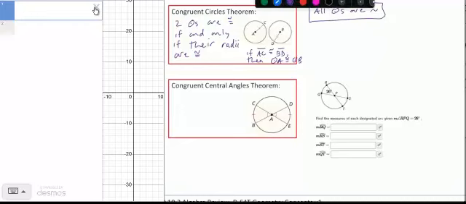Okay, and then the final relationship here, the congruent central angles theorem, says that in the same or congruent circles, two arcs are congruent if and only if their central angles are.